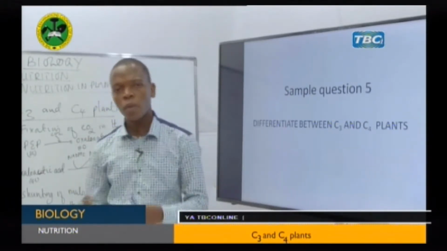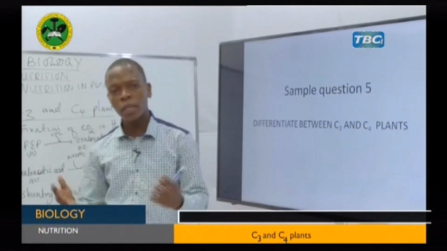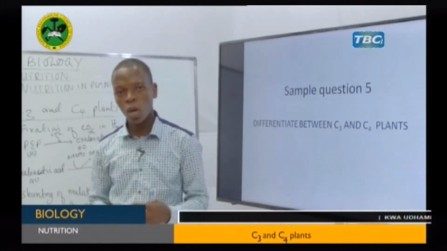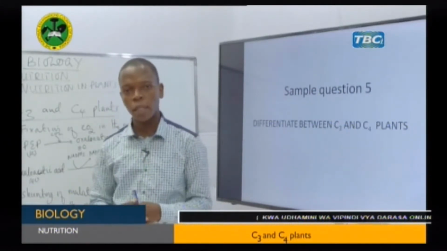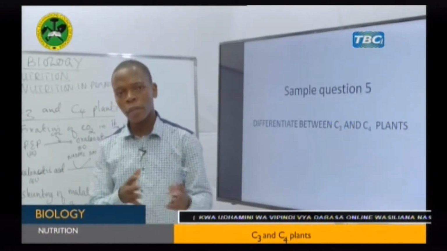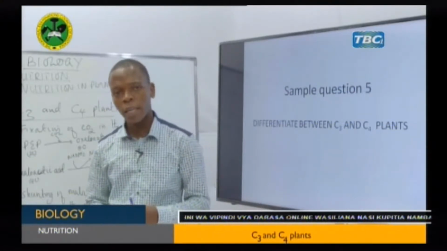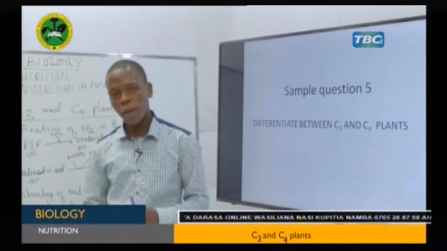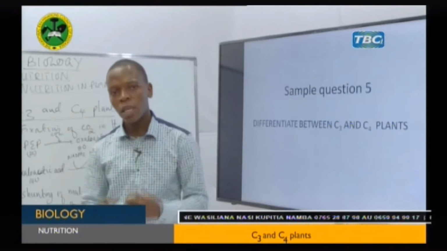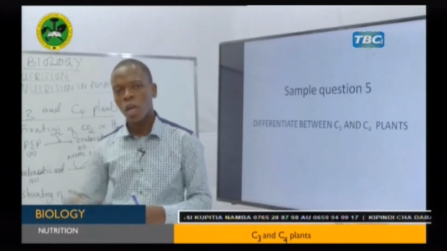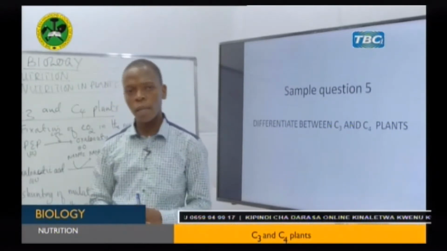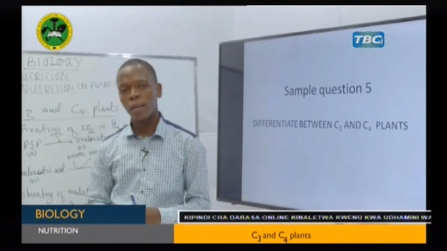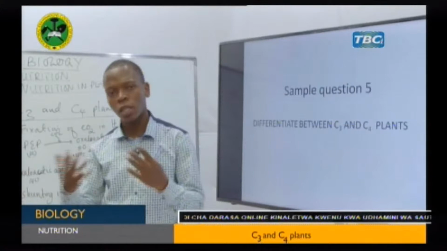Again, you may use the criterion of a representative species. We saw different examples of C3 plants and C4 plants. Examples of C3 plants are grasses, bryophytes, trees, and also rice and many others. But for C4 plants, there are sugarcane and sorghum.